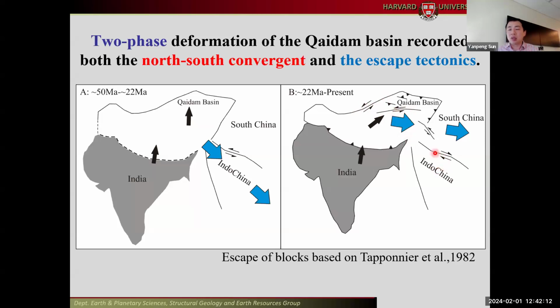While you notice that the escape tectonics of the Indo-China block stopped with the reversal of the structural fault here, the South China block was also starting to expand, driving the expansion of the major tectonics in this area. So basically, the deformation within the Qaidam Basin recorded this two-stage deformation, from this more north-south convergent tectonics to this more eastward escape tectonics.